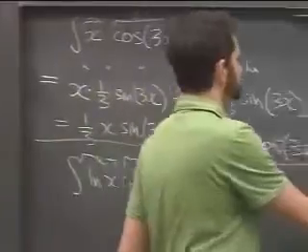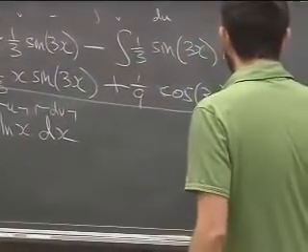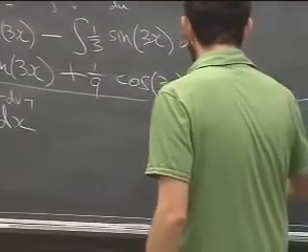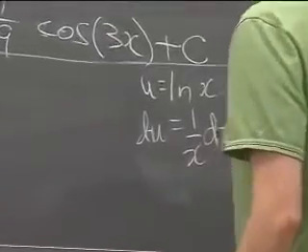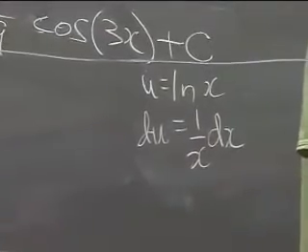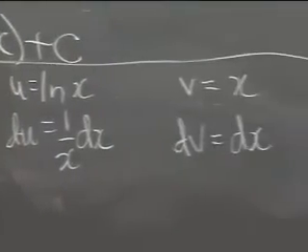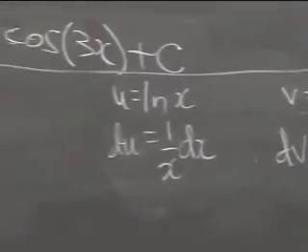Watch this. u is log x, so du is 1 over x dx. So it gets rid of the log. Here, in this case, the dv happens to be dx, so v is just x. Now if you use the formula, you will have uv minus the integral of v du.